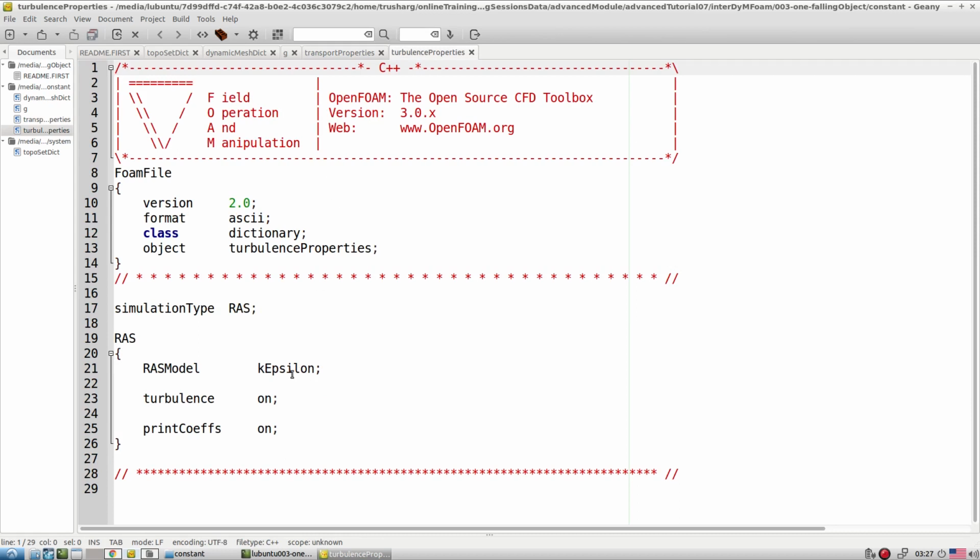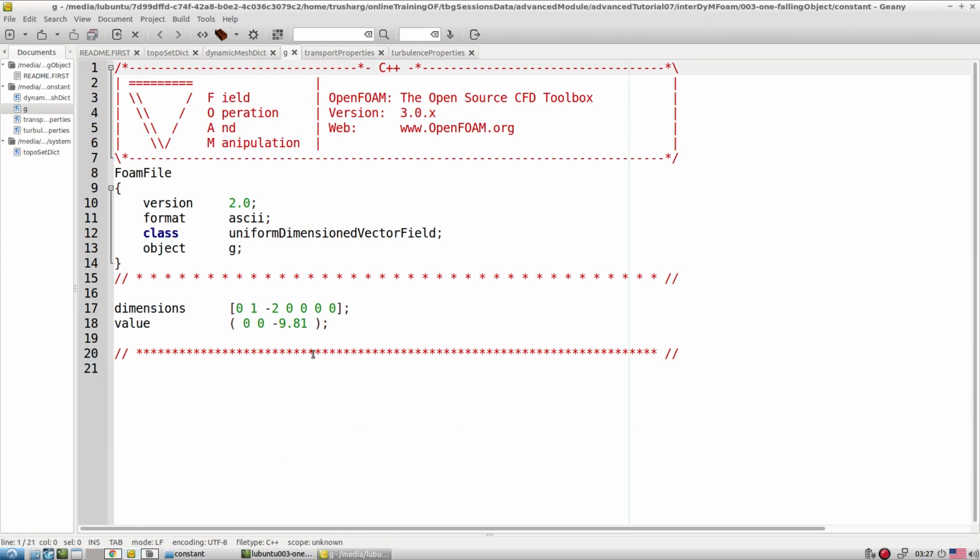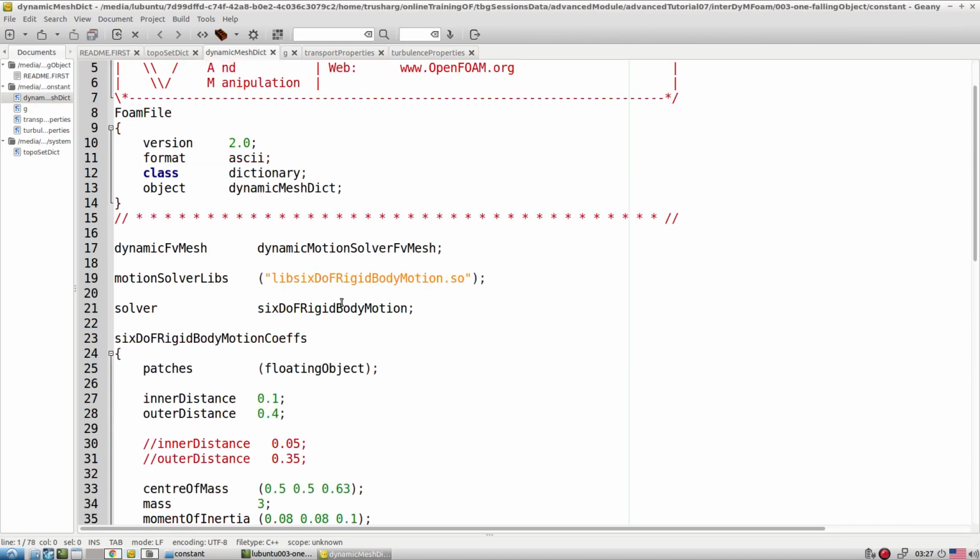Then turbulence, we say K epsilon based model we're going to use. G in the Z direction is minus 9.81. And here we again specify the six degree of freedom class of the solver, the 6 DOF rigid body motion solver.